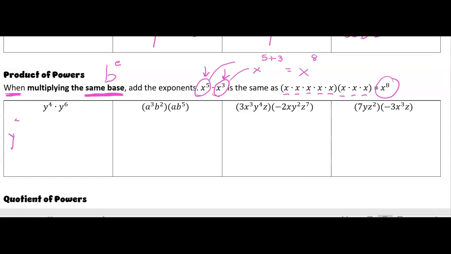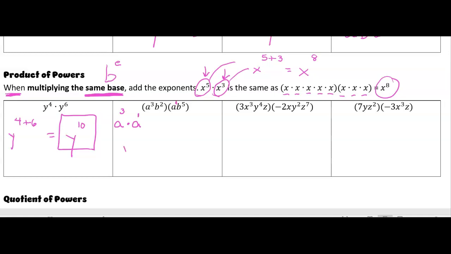That's y to the 4 plus 6 power, or just y to the 10th power. And that's our answer, y to the 10th. And the next one, so this one's just a little more complicated. The A's are not beside each other, but that's really A to the third times A to the first, because that's a 1.